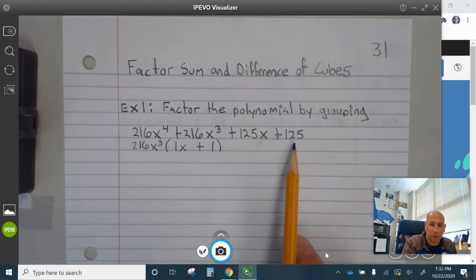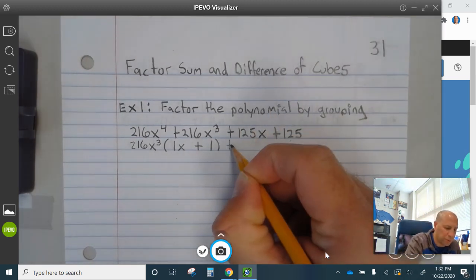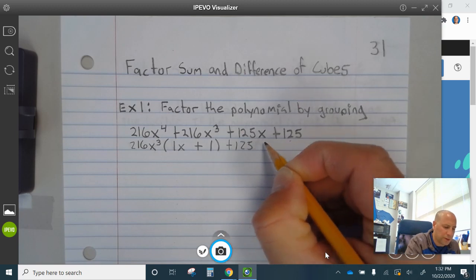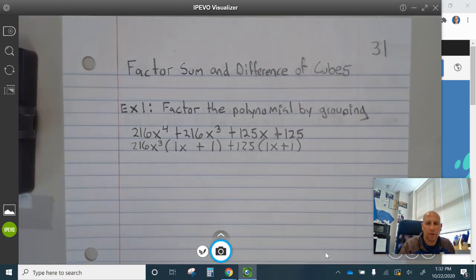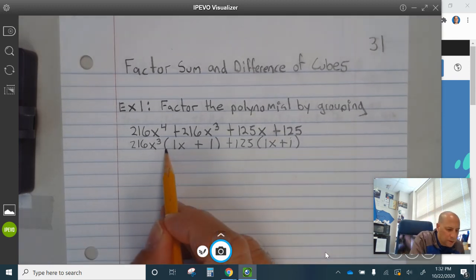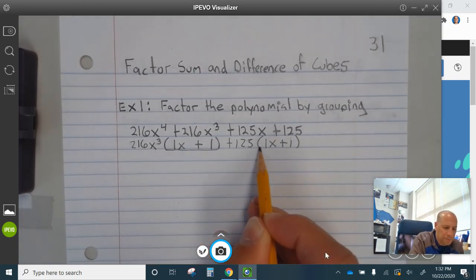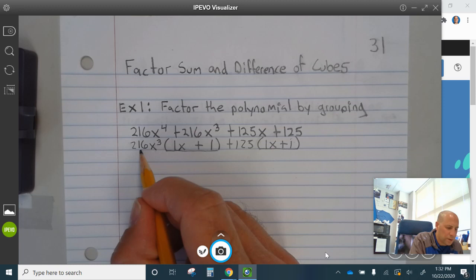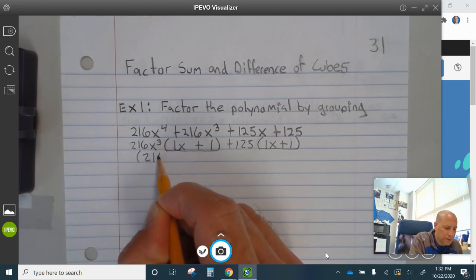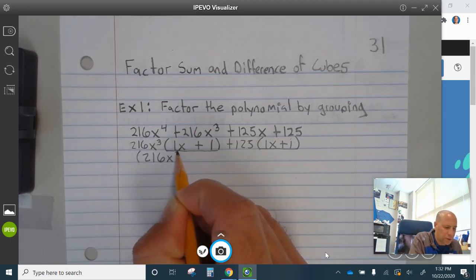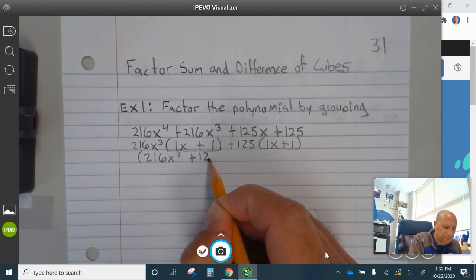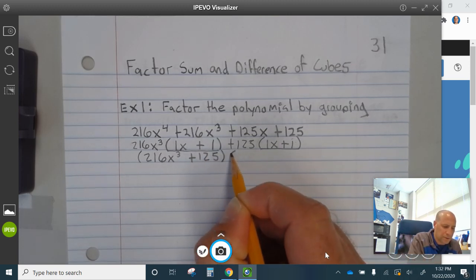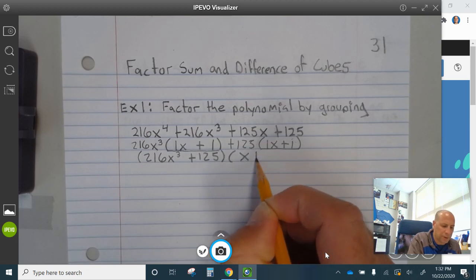Now we can factor out a 125 from both of the other terms, which leaves x plus 1. Now we group these together because these are the same. So that's 216x cubed plus 125 times x plus 1.